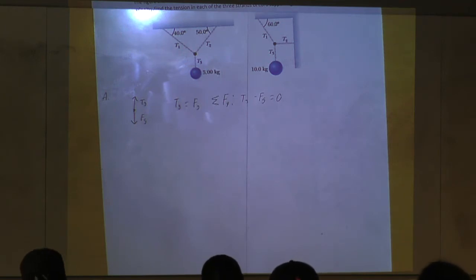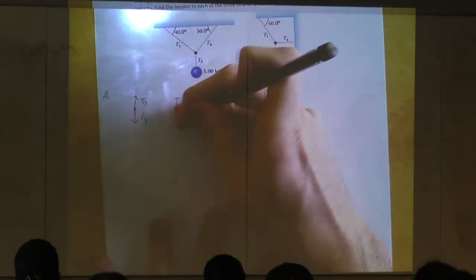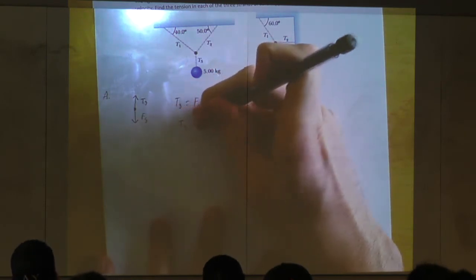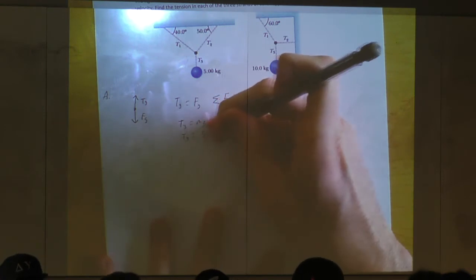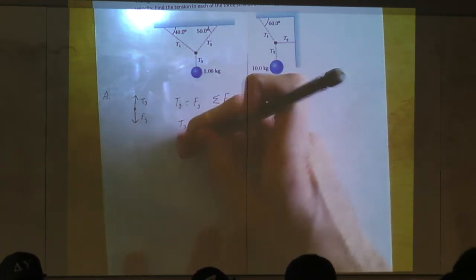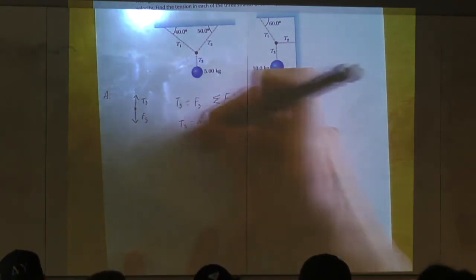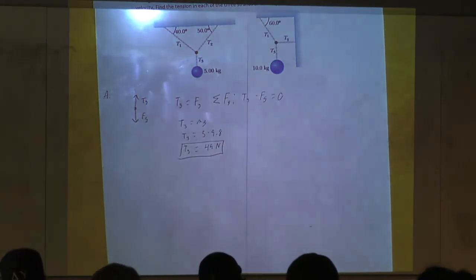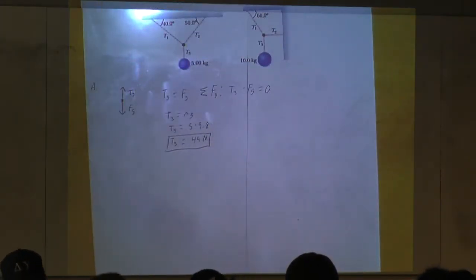So once I know T3 equals Fg, I can solve for that really quickly. So T3 equals 49 newtons. So that's one of our three forces for our first one.